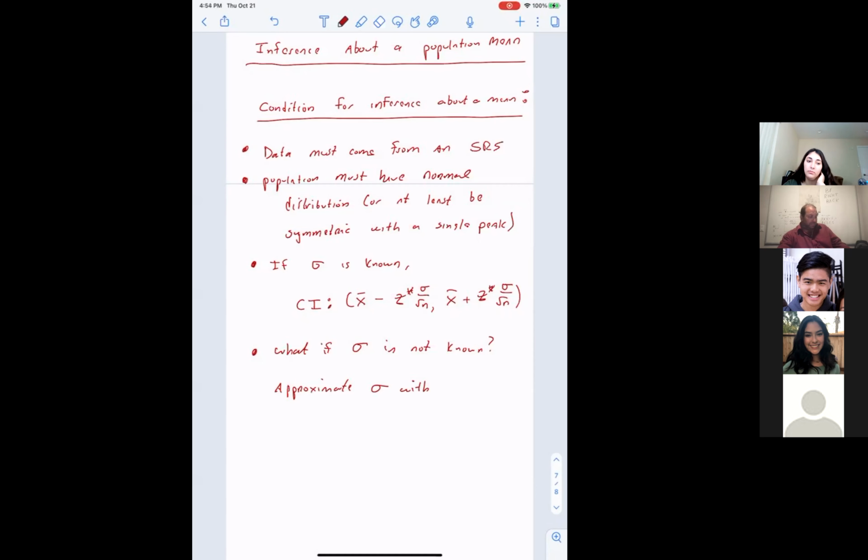There is something about the sample that should be a pretty good approximation of the population standard deviation. Okay, it's a good guess, 5-number summary, but again, we need one number. Oh, so Cynthia, the closest yet. She said the variance. The variance would be pretty good, but unfortunately the variance is not the right unit.